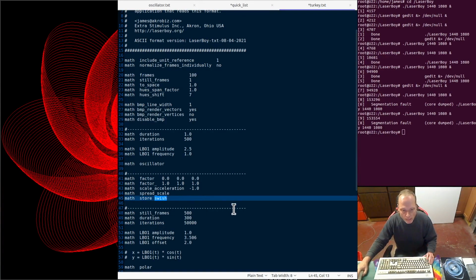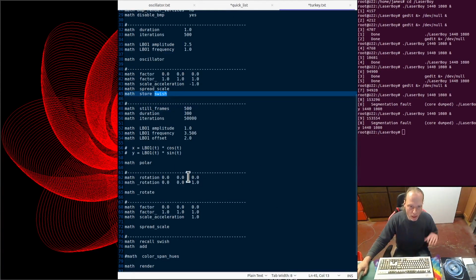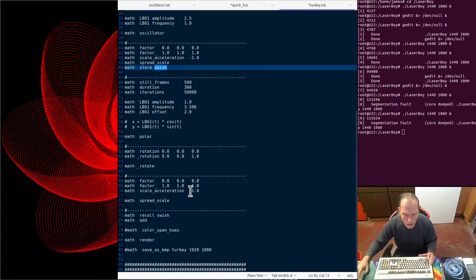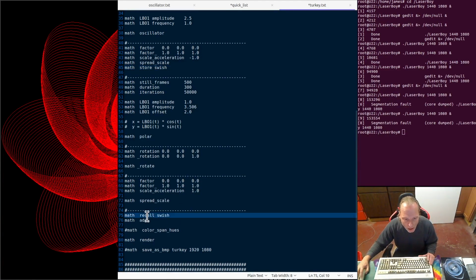This can be any name you want as long as it begins with a character, can't have any spaces in it, and you can use, I think, underscores and dashes. Can't begin with a number. So we are recalling swish from the magical list. We're just saying put that in the registers, and then we're saying add.